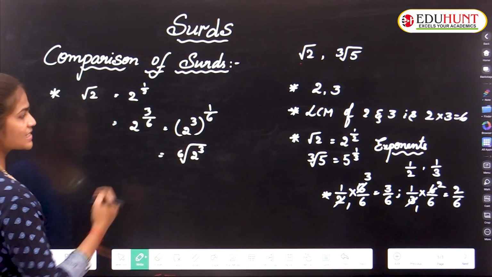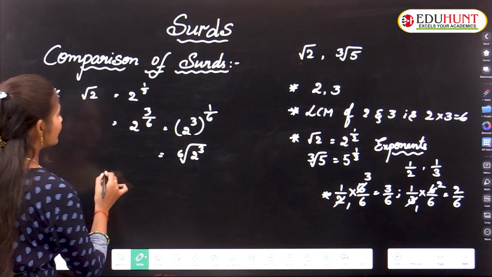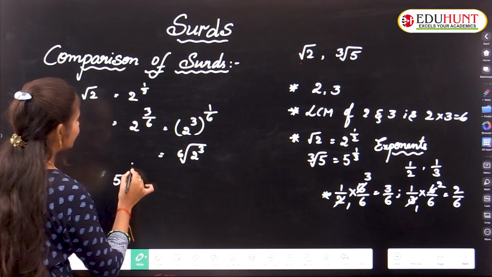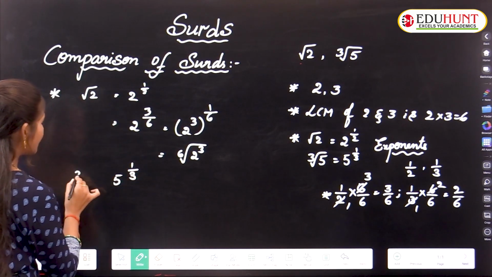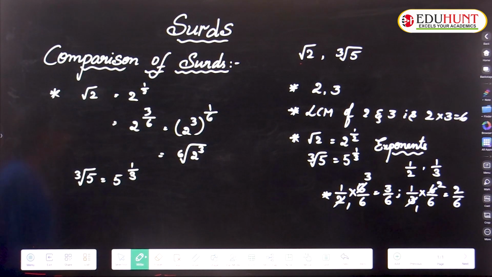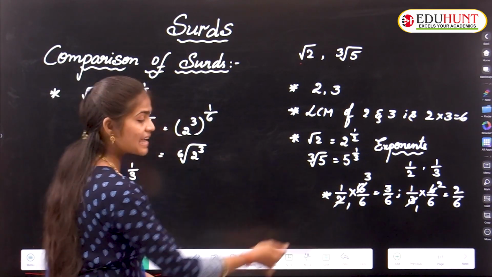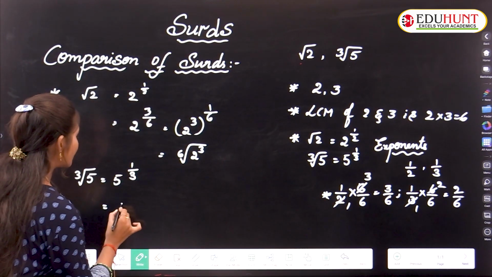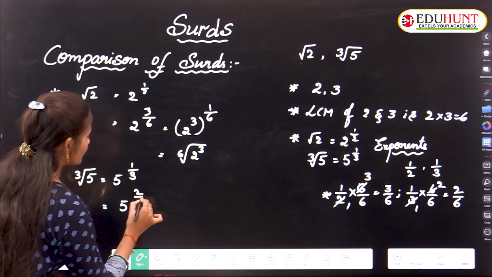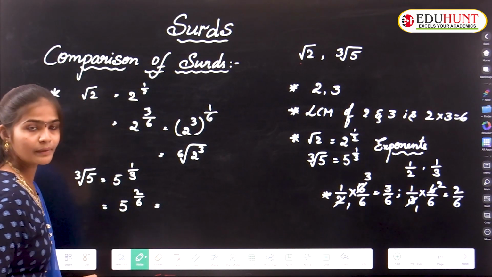And the next radicand is 5 power 1 by 3, because that is the cube root of 5. By applying this exponent, we write this as 5 power 2 by 6. Why?